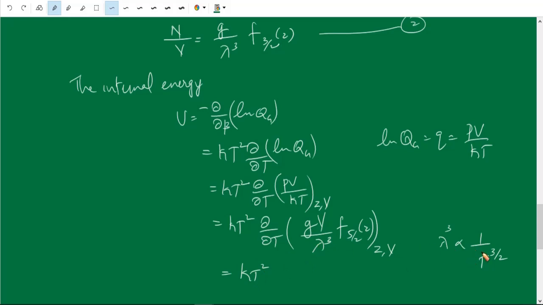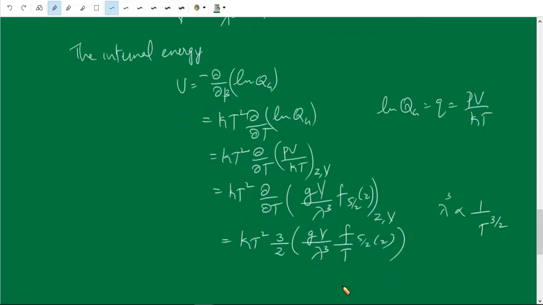1 by lambda cube will be T raised to 3/2, so this will be 3 divided by 2, g V divided by lambda cube f 5/2 of Z divided by T. T raised to 3/2 minus 1 would be T raised to half, but instead I have taken T raised to 3/2 divided by T, so that T is kept.